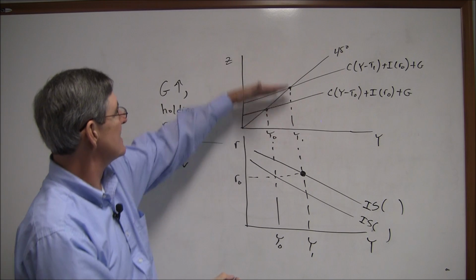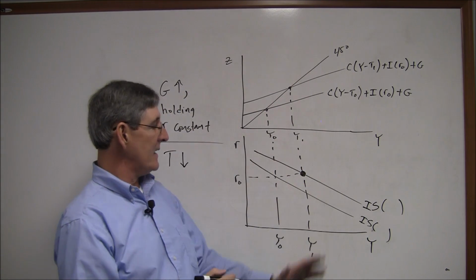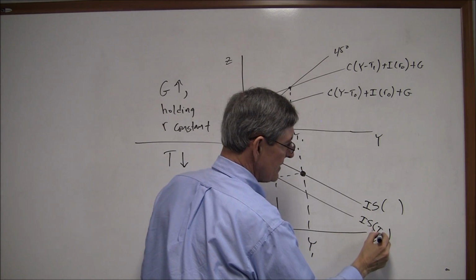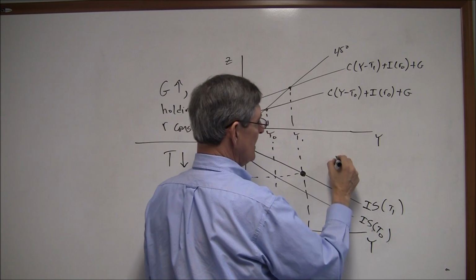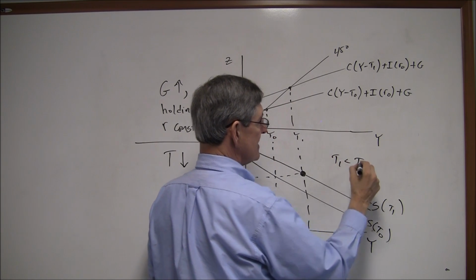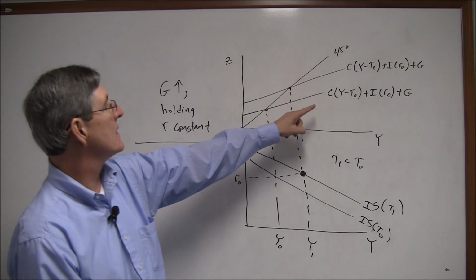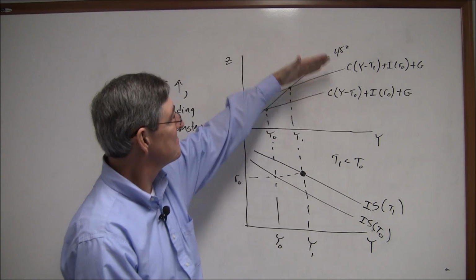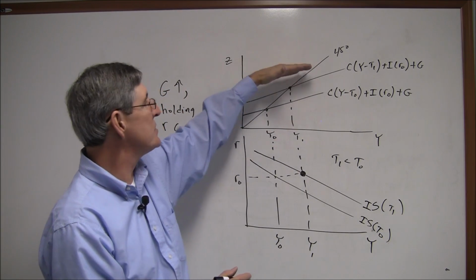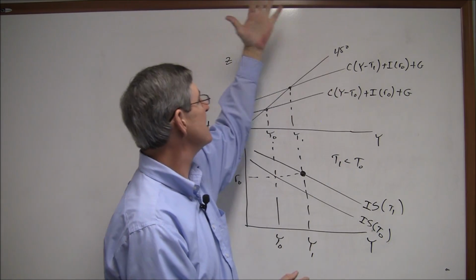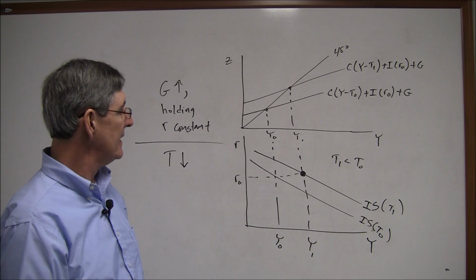We cut taxes, this curve shifts up, and that shifts the IS curve out. This is T0. This is T1. T1 is less than T0. If we had done consumer confidence, same thing. If confidence went up, this would shift up. Business confidence shifts up. So you get the idea.